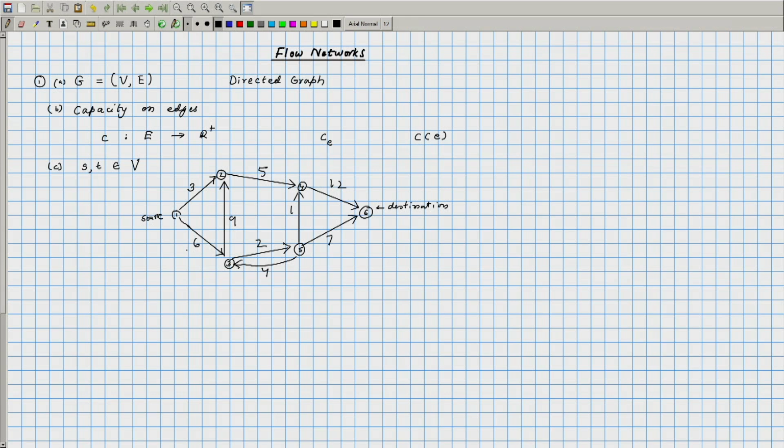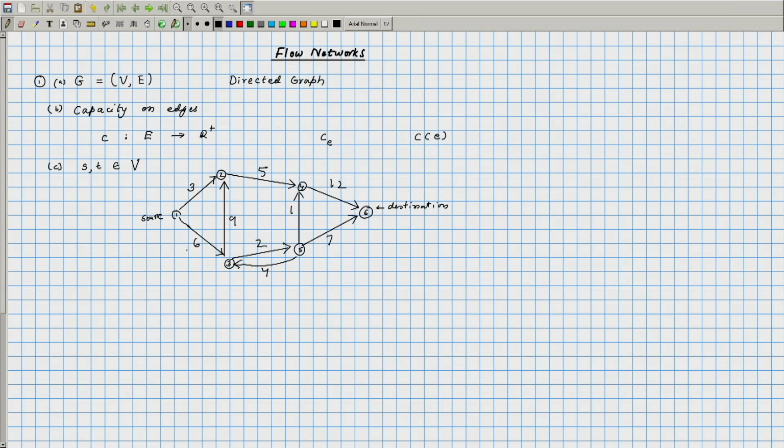The interpretation that we are going to give to this is that we can think of these as pipes which can carry a certain amount of fluid, and the maximum amount of fluid that a pipe can carry is bounded by the capacity of the edge. The problem that we are interested in solving is: what is the maximum amount of flow that we can take from source to destination?